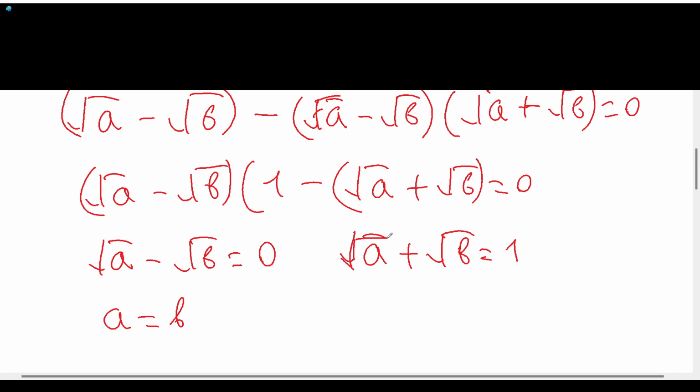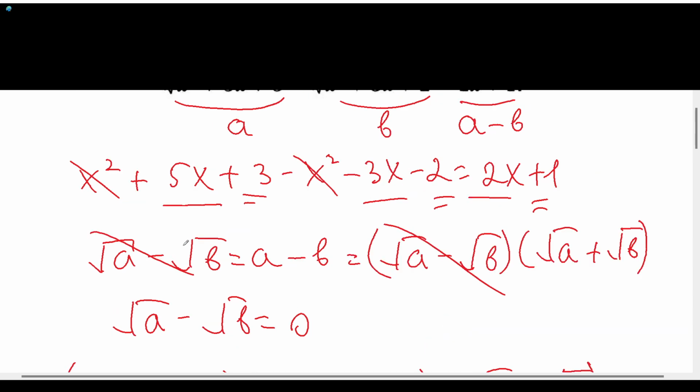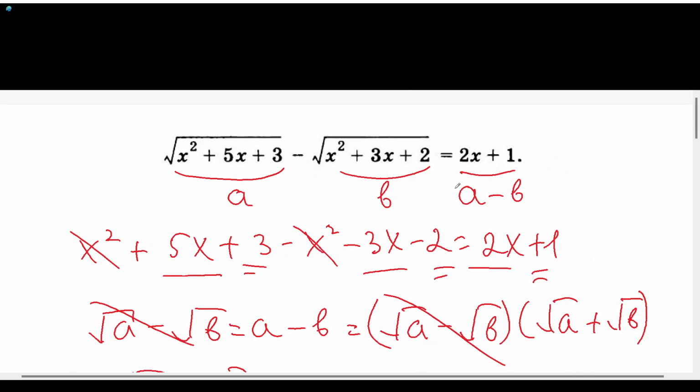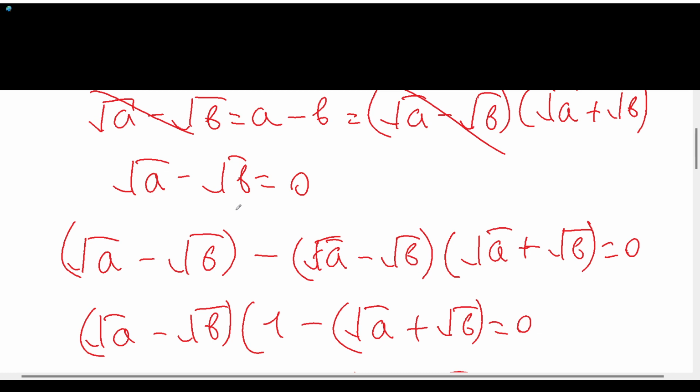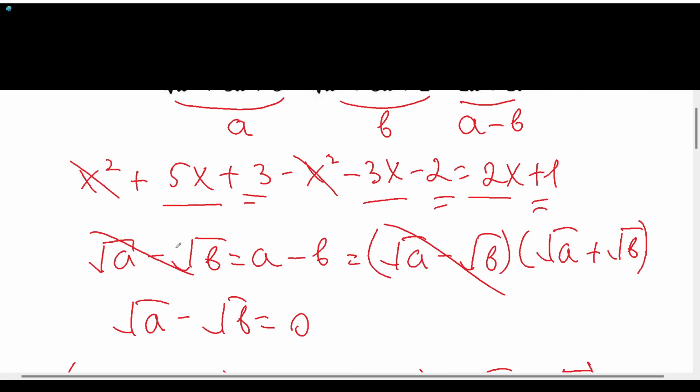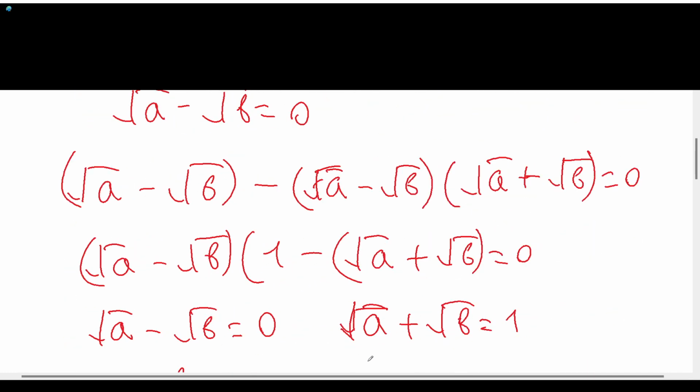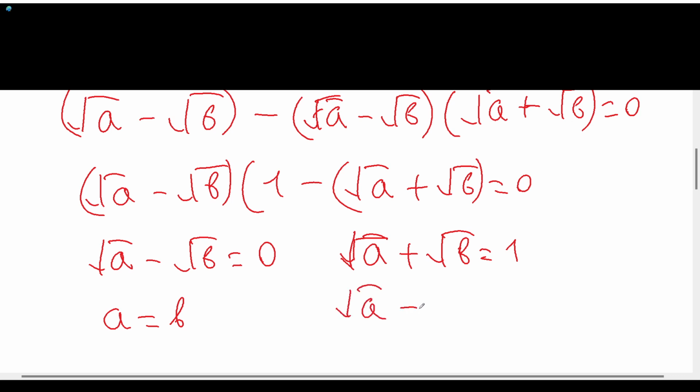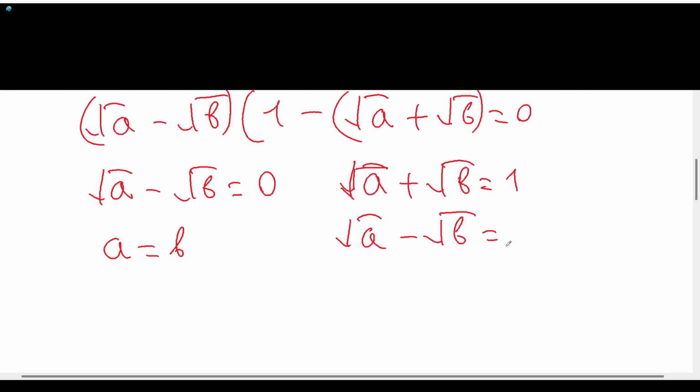Here, again, a lot of students can do squaring, but this is again a mistake because we have the first equation here, square root of a minus square root of b, equal to a minus b.